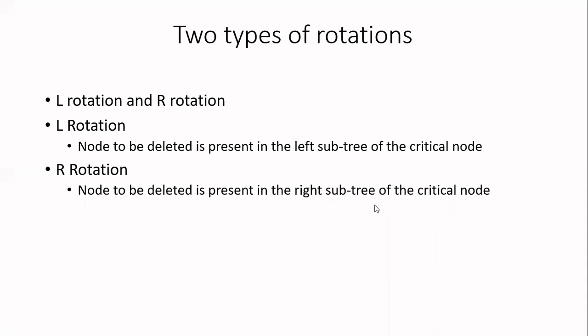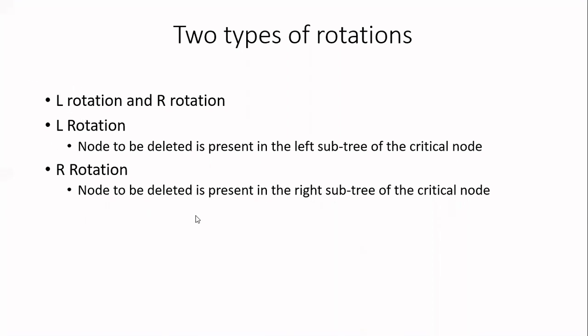So this is slightly different. Just check the position of the node you are deleting with respect to the critical node and find out what is the type of the rotation you are going to perform. And once you have identified the type of the rotation as either L or R, then you have to identify a subtype. In each of L and R, there are three different subtypes. You have to identify in which subtype the particular tree belongs to.